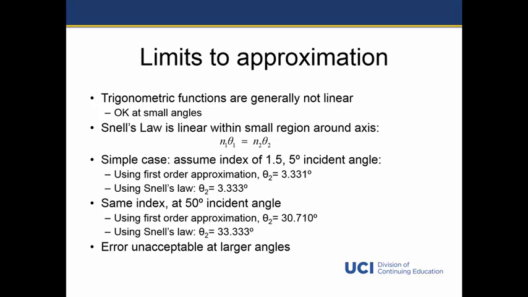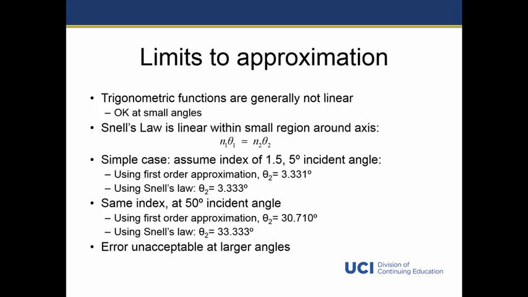But if I use that same index of 1.5, again an air to glass interface, if I didn't mention that before, so n1 is equal to 1, and I have a 50 degree angle of incidence, if I use the linear approximation, I say that the refracted angle is about 30.7 degrees. But if I use Snell's law, I get 33.33 degrees, and actually I think I have those reversed. The first order approximation should be this because it should scale with that.